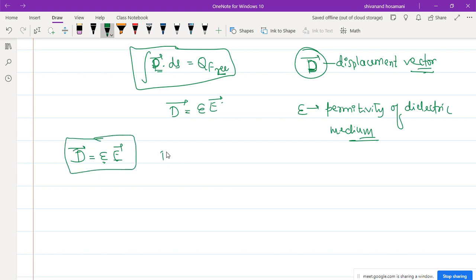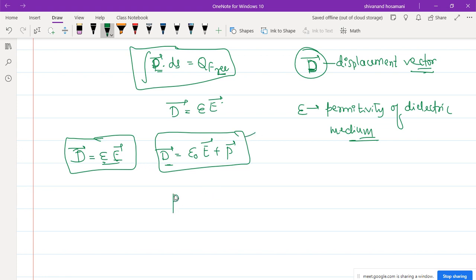Another equation is there: d is also defined as epsilon naught E plus P vector. So this is the total equation of the displacement vector. This is the same, this is the same.